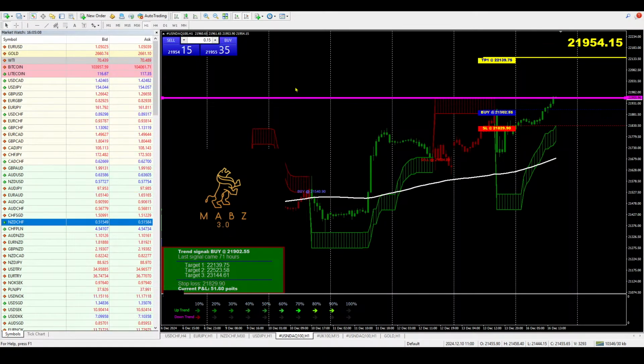Another thing you need to understand is that there are a lot of things that come into play. When you open up a trading account, you can choose what type of account you want: a standard account or a micro account. And then there's also leverage, which can be 1 to 2,000, 1 to 1,000, 1 to 500, 1 to 200, or 1 to 100.